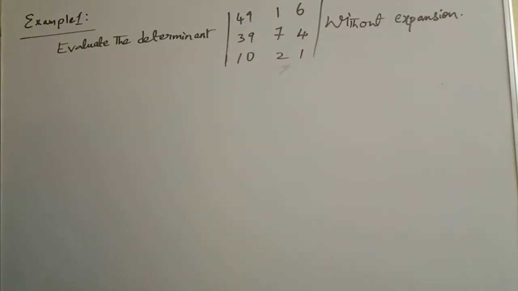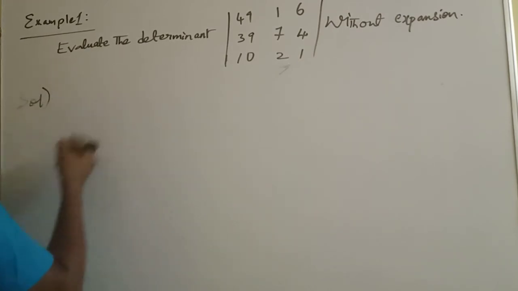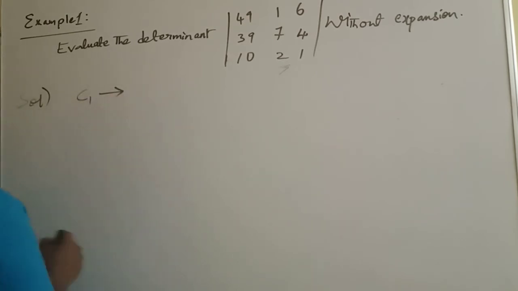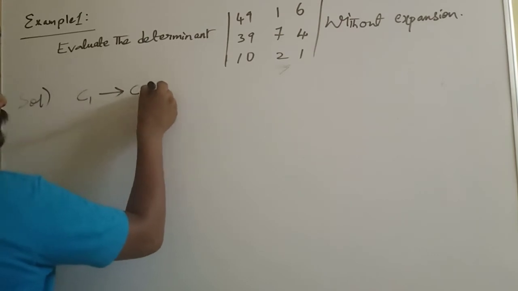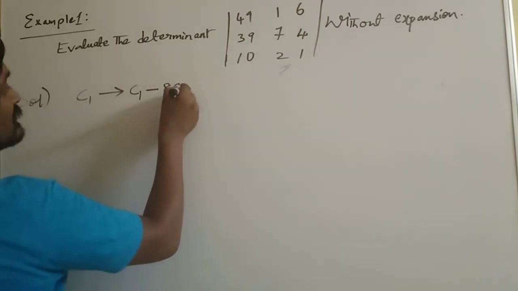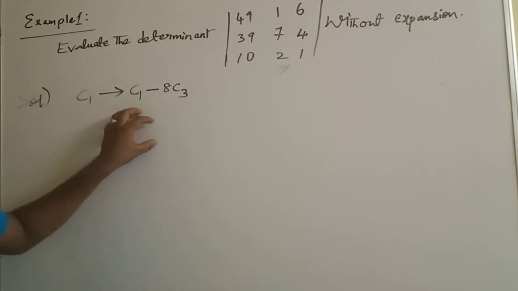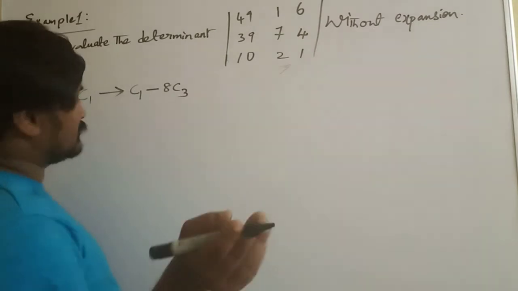So what I do here is one operation, that is C1 tends to C1 minus 8 C3. You may do some other operation also, but I am doing this operation. Another operation also I'll explain.